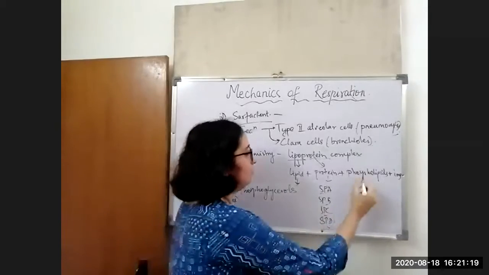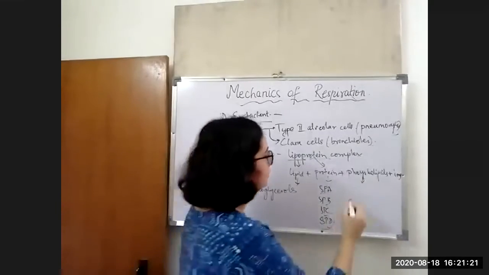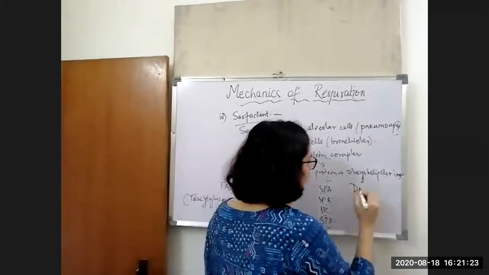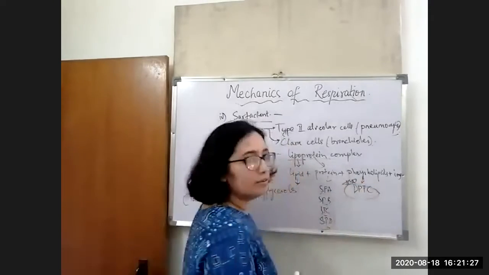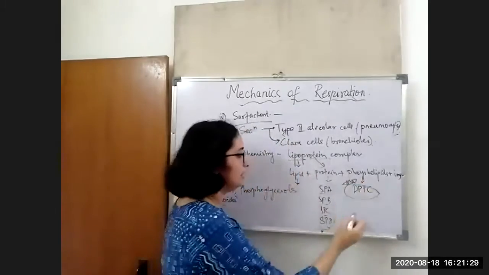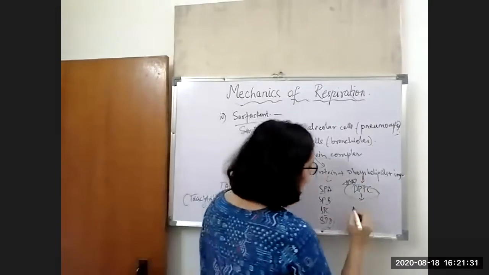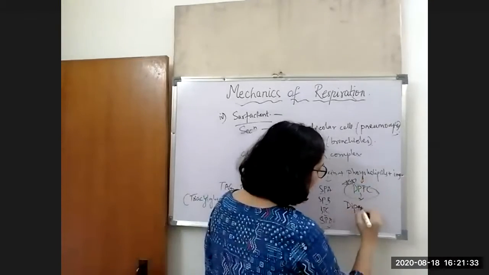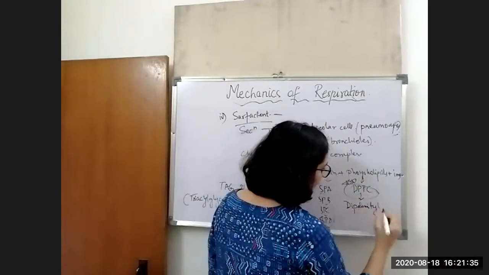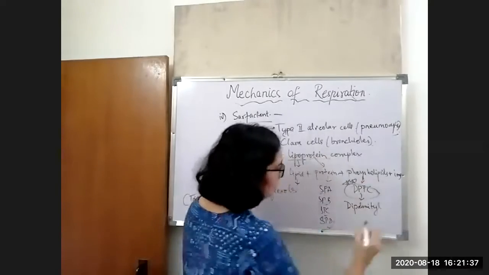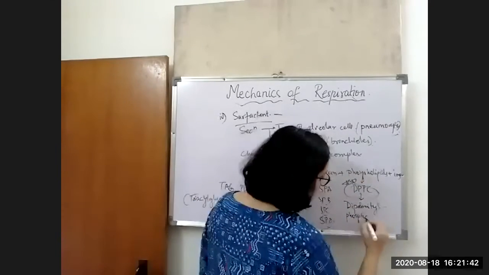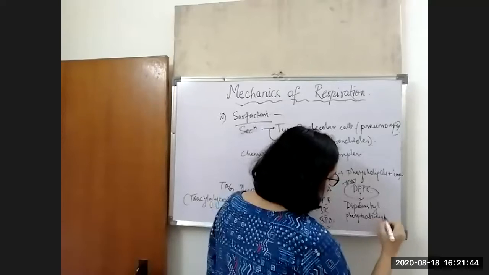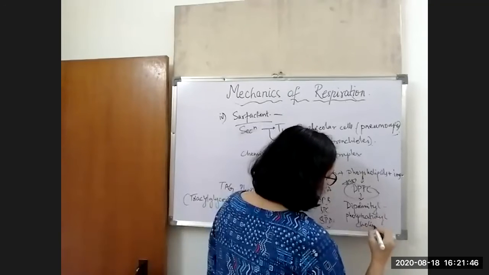Okay. Phospholipids. Phospholipid is one main thing. DPPC. It is an important thing to remember. So what is DPPC? It is dipalmityl phosphatidyl choline.